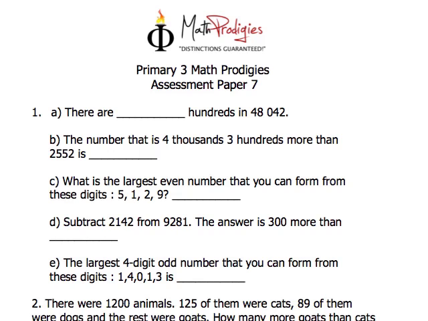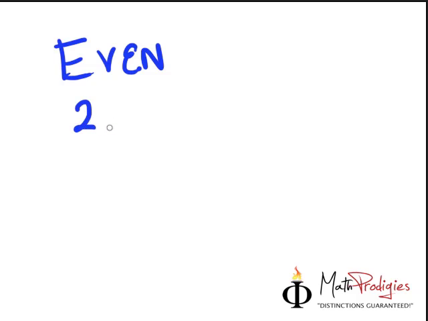Good job. Okay. Now let's move on to part C. It says, what is the largest even number that you can form from these digits? Okay, remember, what are even numbers? Even numbers are numbers like 2. So if you remember 2, you remember 4, you remember 6, you remember 8, and you remember 0. Okay. What are the odd numbers?